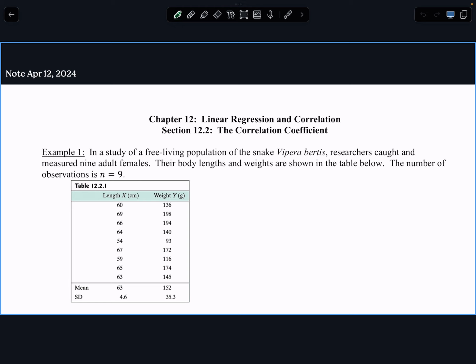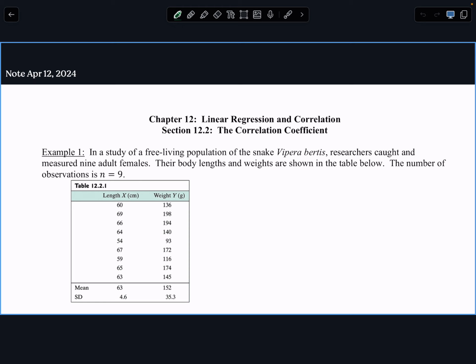All right, the very last chapter of this course is chapter 12, right? And so we're switching gears completely. Okay? This is about regression and correlation. How many of you have studied regression and correlation before? How many of you have taken a statistics course before?